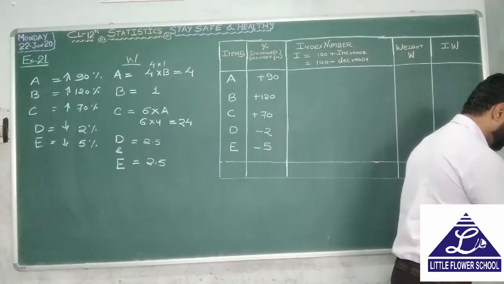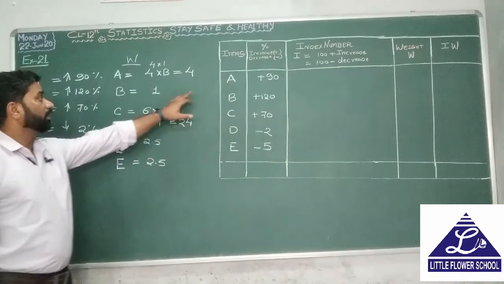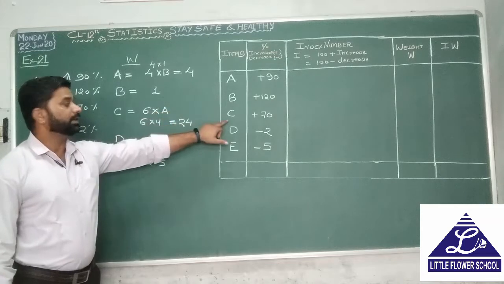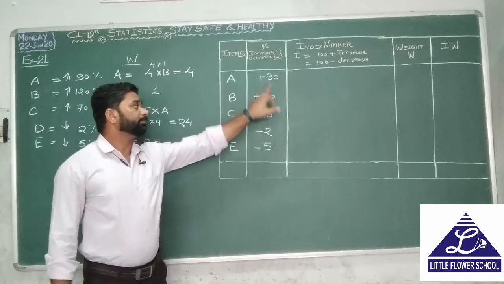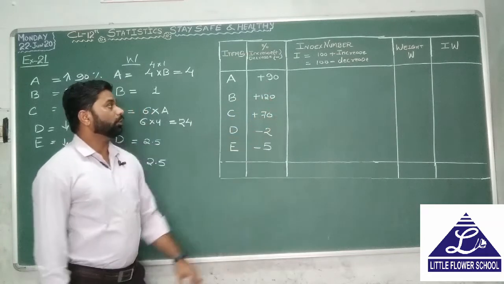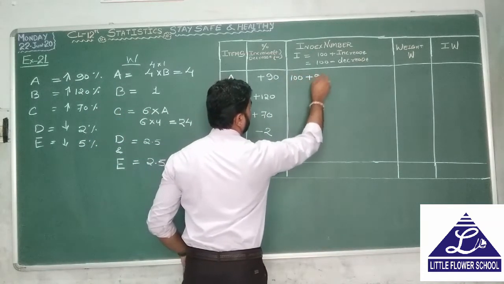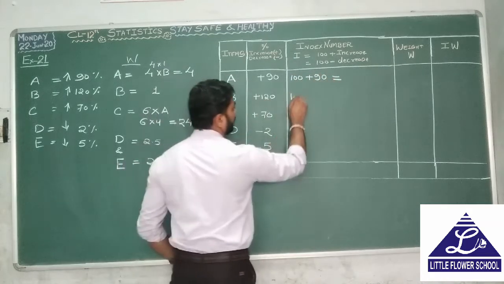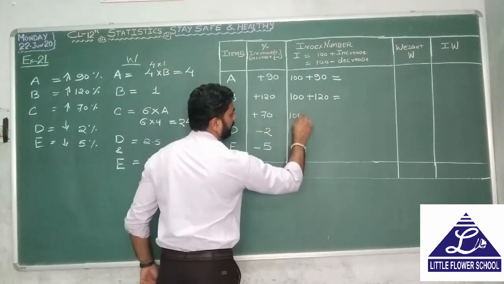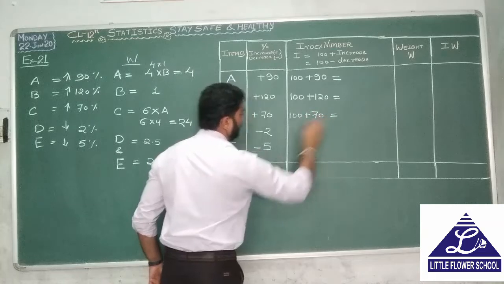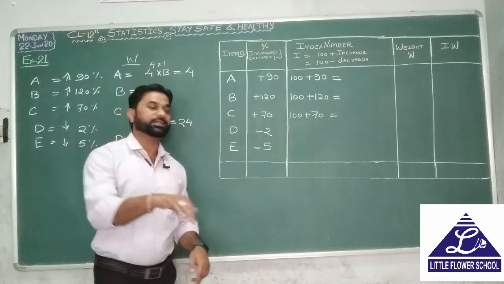Now we have seen the prices of A, B and C have increased by 90, 120 and 70. So according to the percentage, that is 100 plus 90, 100 plus 120, and 100 plus 70. And these two items D and E, their prices have gone down, that means decreased.